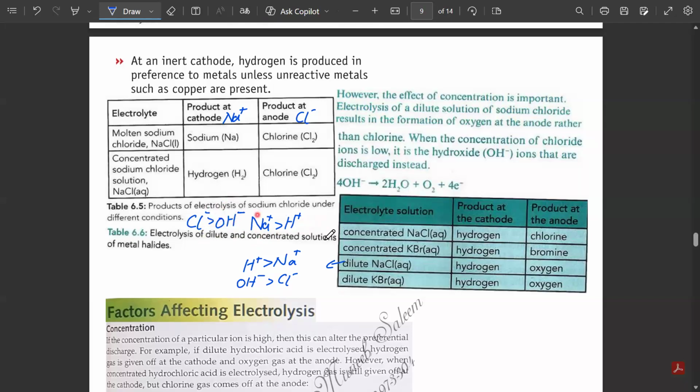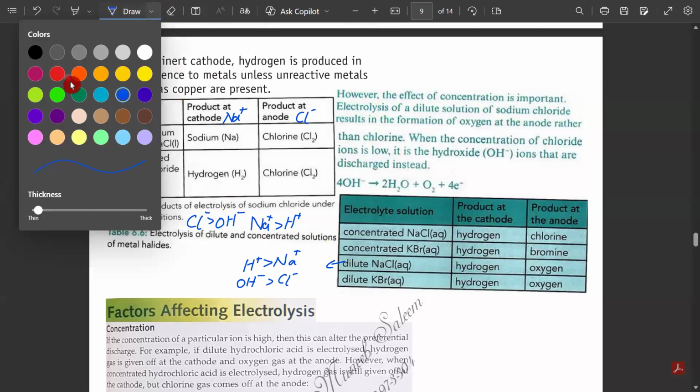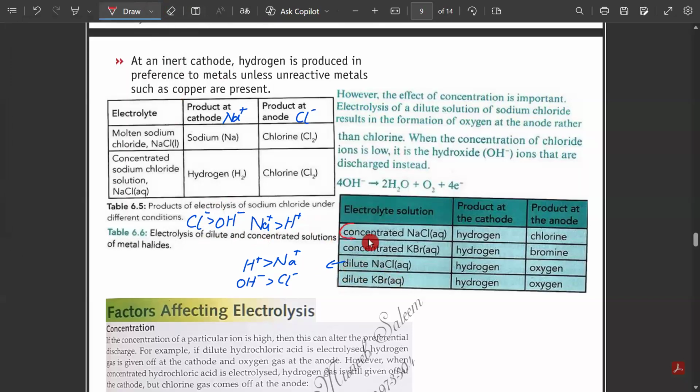So we are supposed to look for the products for the concentrated aqueous NaCl. So concentrated NaCl will produce hydrogen. Why hydrogen even in the concentrated form, even though we have more sodium as compared to hydrogen?